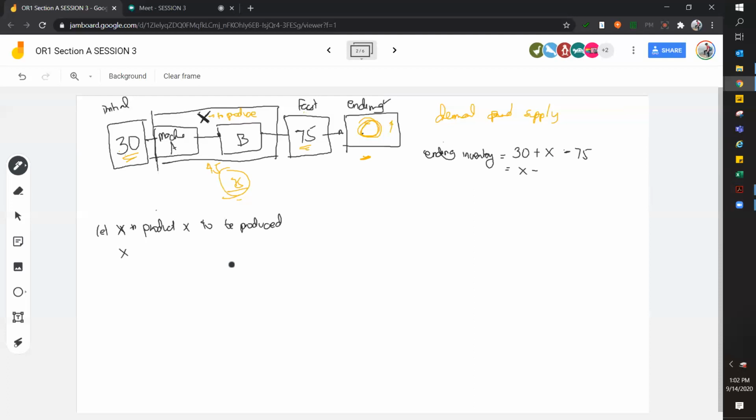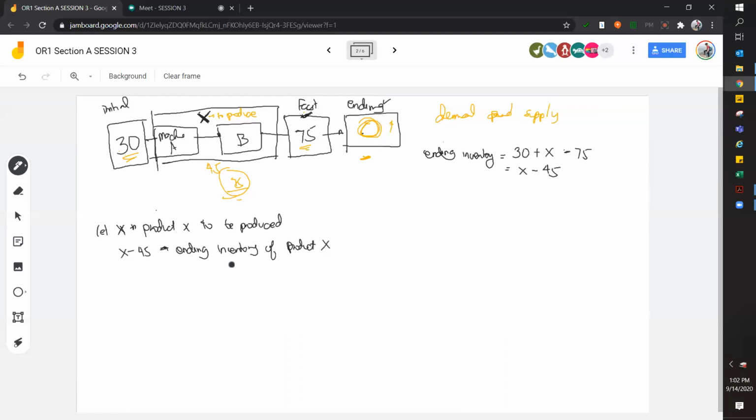We have a demand of 75, so our ending inventory must be X minus 45. So X minus 45 is a representation of our ending inventory of product X.